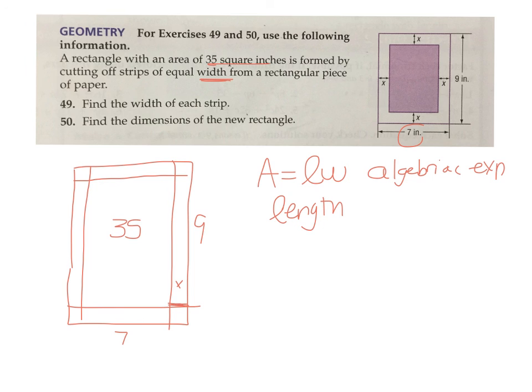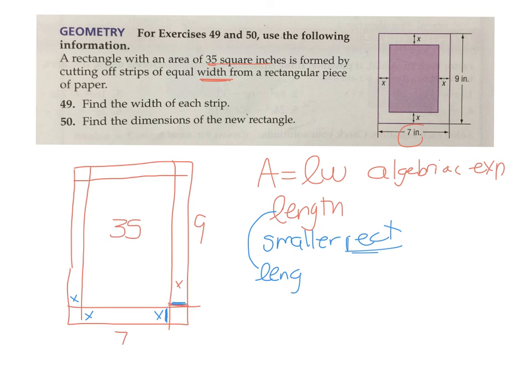So we know that this is x, this width, and it's the same thing here, x. And it's x here and x here, and all the way around it is x. So I'm going to represent the smaller rectangle with these algebraic expressions, starting with the length of the smaller rectangle.